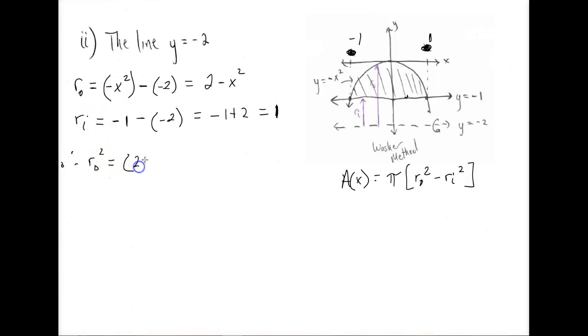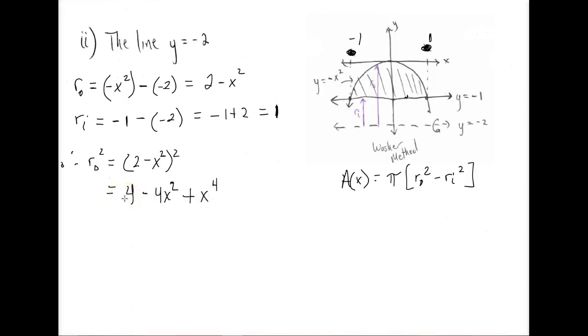And so this would be 2 minus x squared, squared. And this will end up being 2 squared is 4. And then 2 times -x squared times 2, so that would be a minus 4x squared. And then negative x squared squared is a positive x to the 4th.